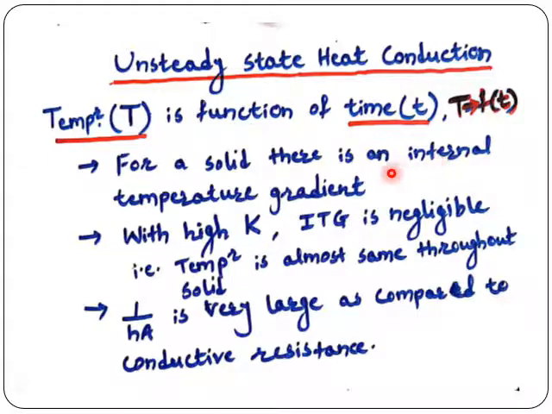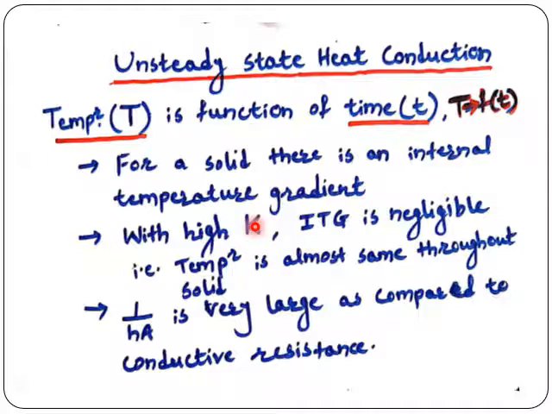But if you have very high conductivity, let us consider that the conductivity is infinite, in that case you will not have any temperature gradient across the solid. That means the temperature at any location in the solid will be the same.